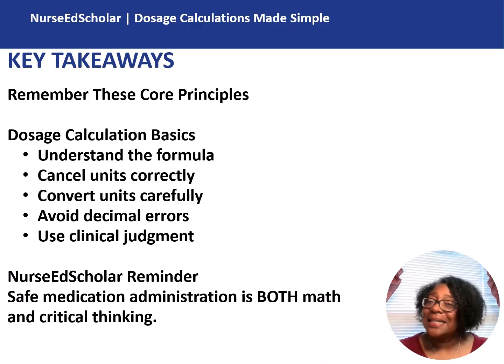And this is only the foundation. I have several more videos to go, but we're starting from basic to more challenging. In the next video, I'm going to build on this. We're going to talk about tablet and capsule dosing calculations.